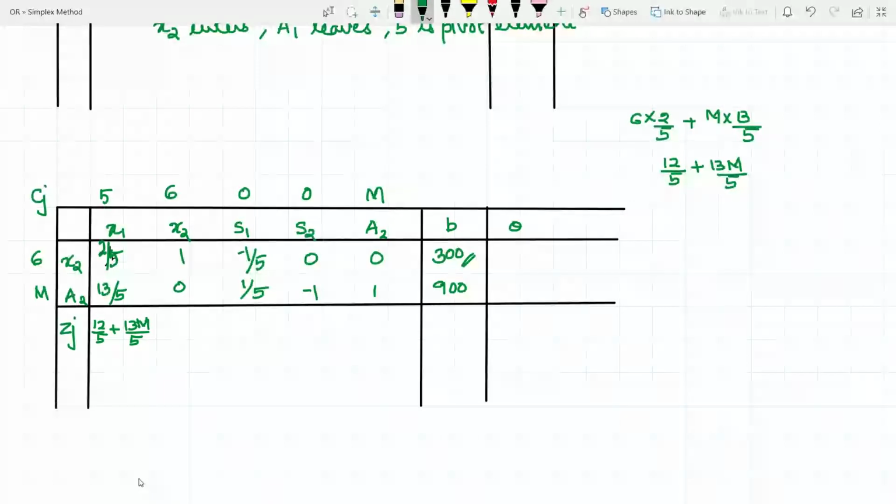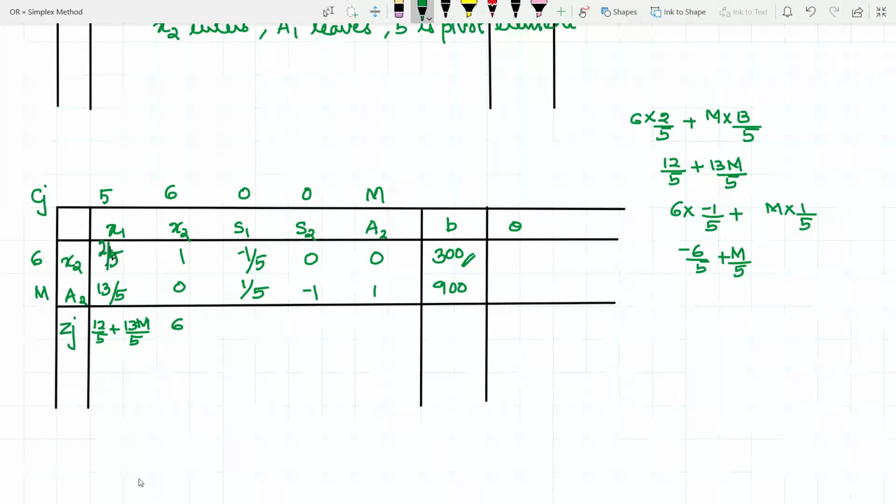Okay. Next is 6 into 1 plus m into 0. That is 6. Now 6 into minus 1 by 5 plus m into 1 by 5, which is minus 6 by 5 plus m by 5.